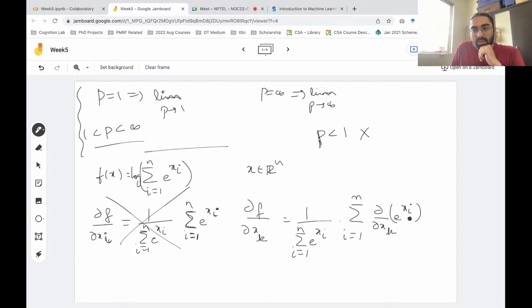Wherever k matches i, only there the derivative will exist, otherwise it will be 0, because with respect to xk, that particular e to the power xi becomes a constant. So you get the sum of e to the power xi in the denominator, and exactly one term will match, which is e to the power xk, since d by dx of e to the power x is e to the power x. So you get e to the power xk. Is this clear?